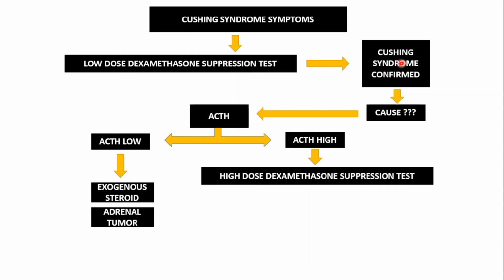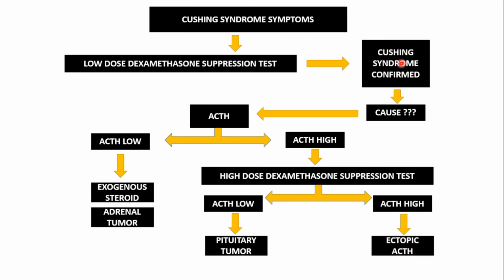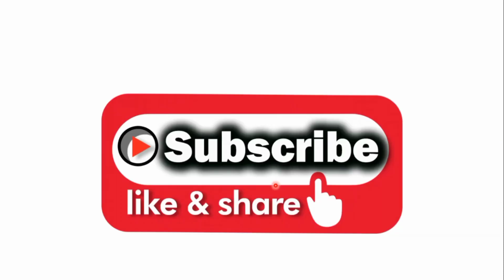So in this way we can differentiate the cause. If the ACTH decreases, that would be a pituitary tumor. If the ACTH is still high, then the problem is coming from an ectopic source, that is from lung cancer or anywhere else like pancreatic cancer. So with this algorithm, you can diagnose Cushing syndrome and find the cause as well. That's all for today. Thank you, doctors.